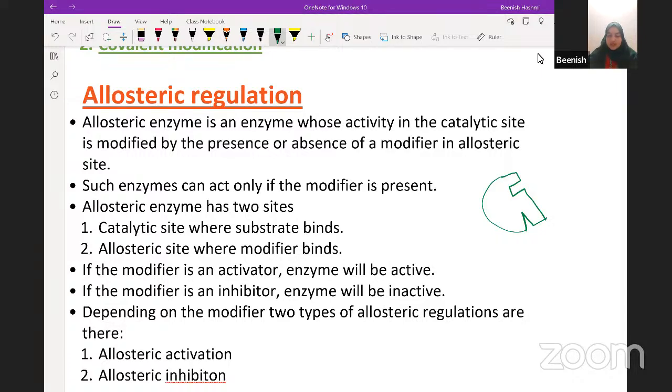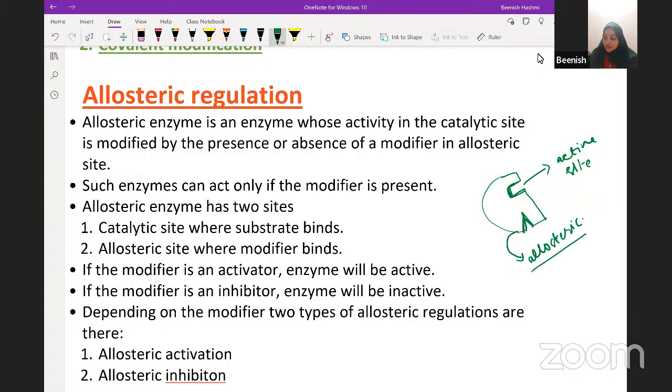Allosteric enzymes are those enzymes whose activity in the catalytic site, let's suppose this is the catalytic site or the active site, so the activity of this enzyme in the active site is going to be defined by this allosteric site. It has another site which is known as the allosteric site.